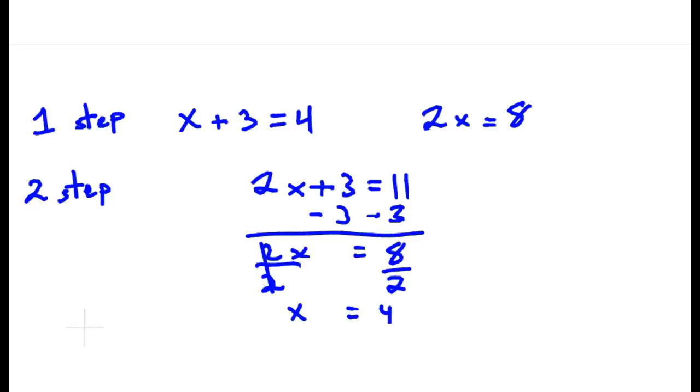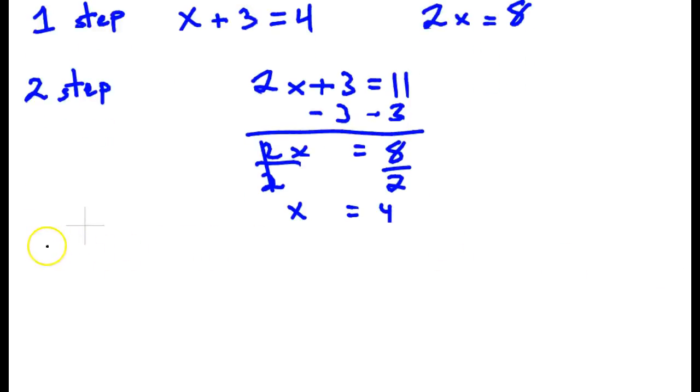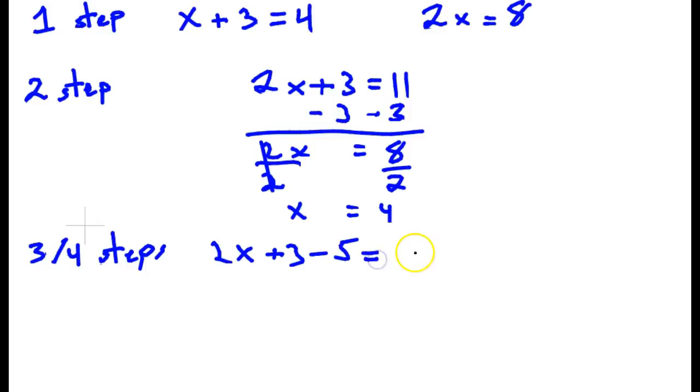Okay. Then we got into a little bit of combining terms, which had 3 to 4 steps. Things started getting a little bit more involved, and we had to be a little more careful about what we're doing. So we had something like 2x plus 3 minus 5 equals x plus 5.